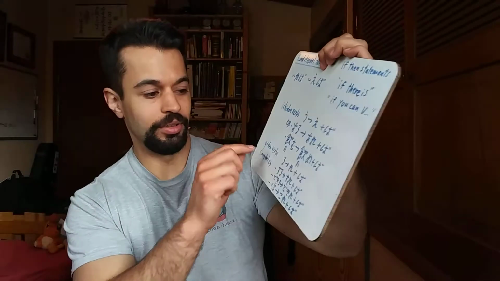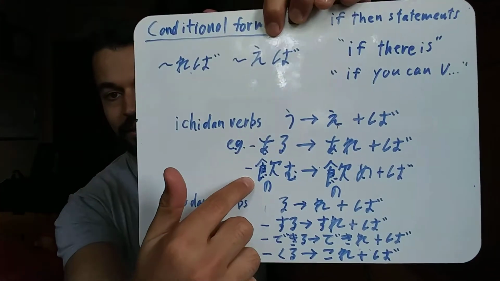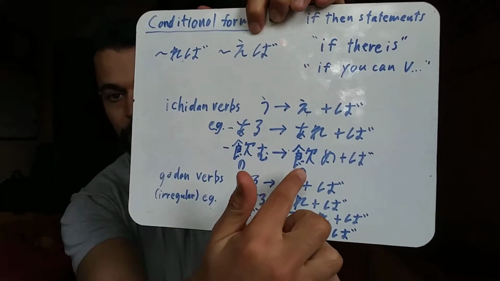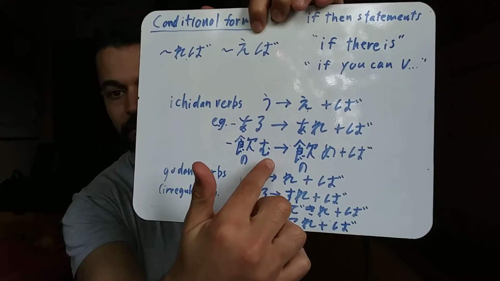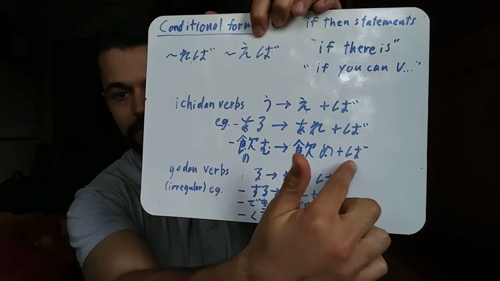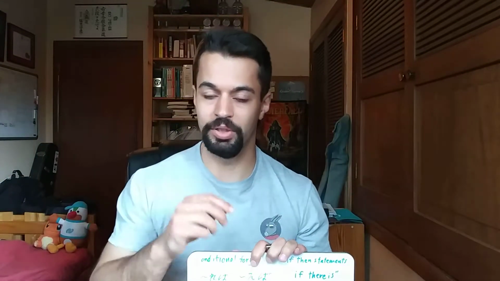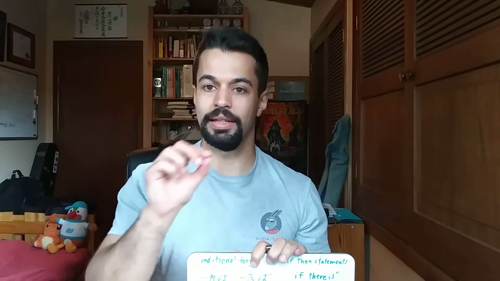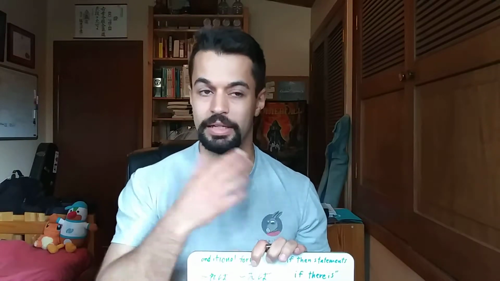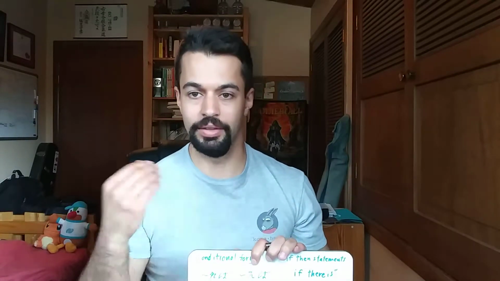And then just a few other examples to give you the idea. Nomu, to drink. Mu becomes me, and then you add ba, nomeba. And kiku, to listen, becomes kikeba. If you listen or if you hear it, then something.